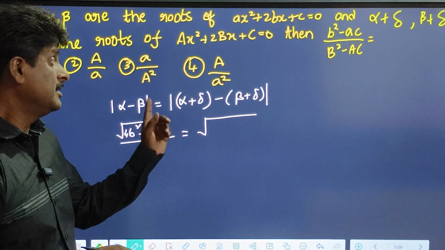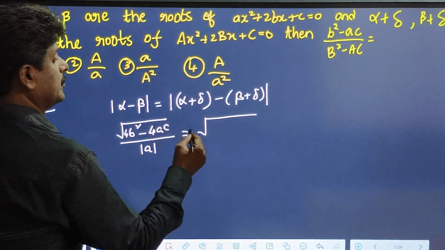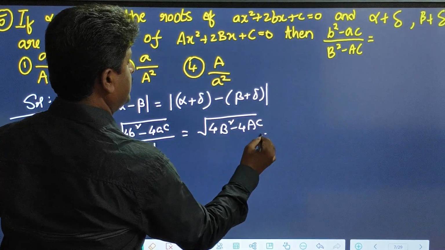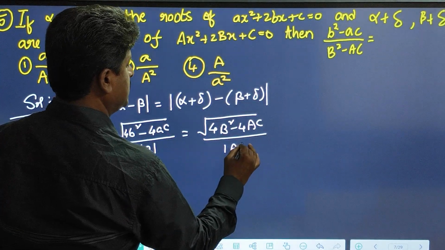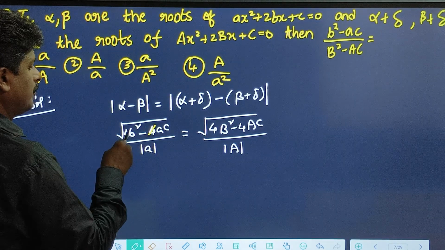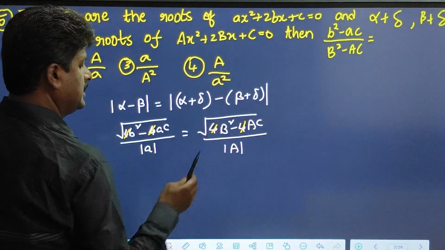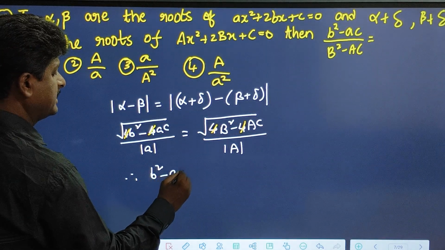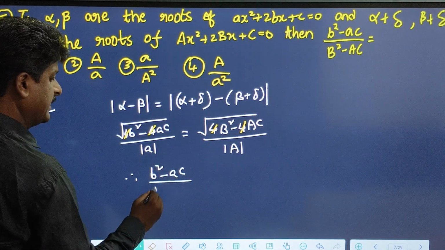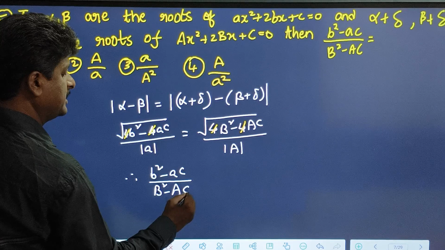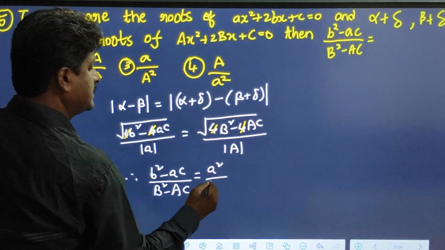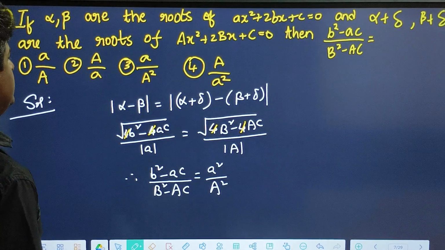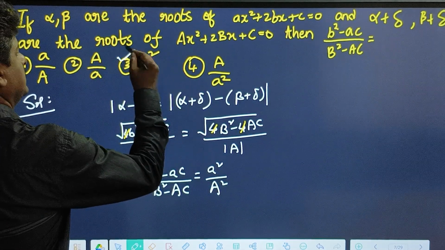That's why right side it is the difference of the second quadratic equation, root of (4 capital B square minus 4 capital AC) by modulus capital A. 4 cancelled, squaring on both sides, (b square minus ac) by (capital B square minus capital AC) is equal to small a square by capital A square. So this is our answer.